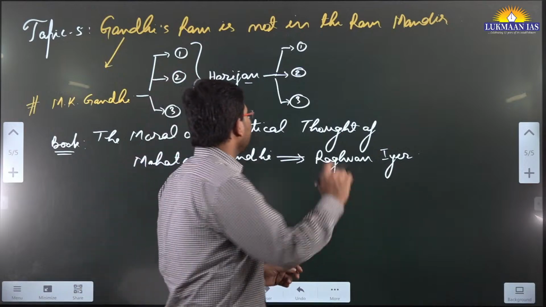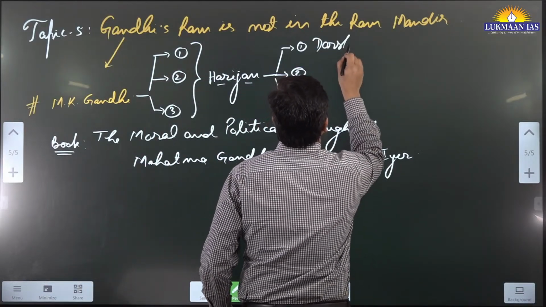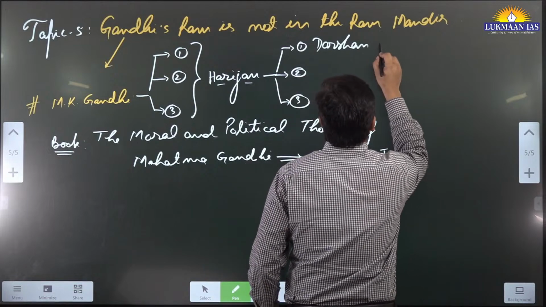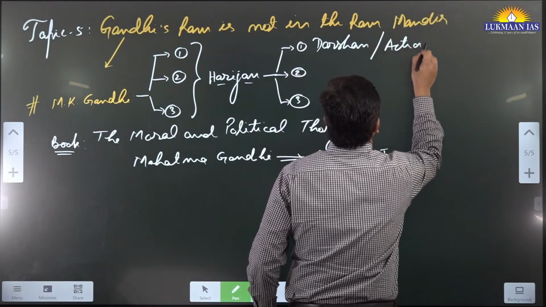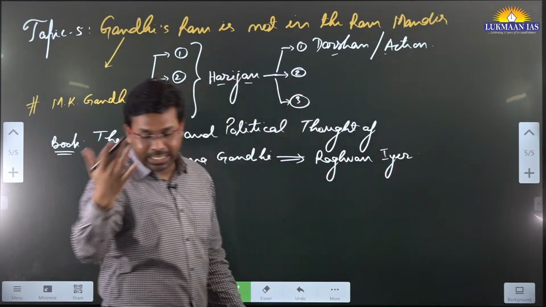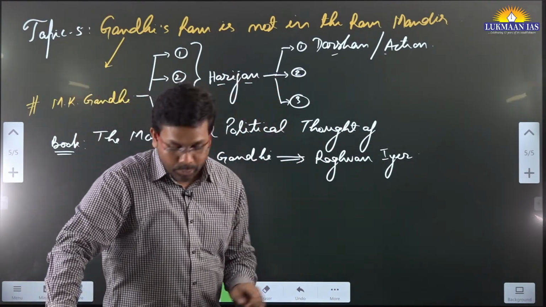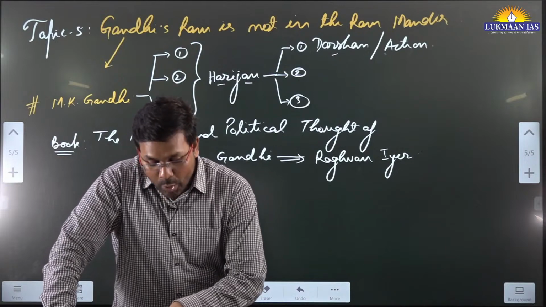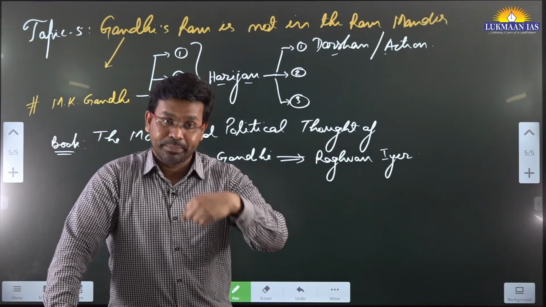So the first question we have discussed is darshan vis-a-vis action, right? Gandhiji has answered this question also through letters. The second question is: if we bow or join our hands before a living person, that person replies.